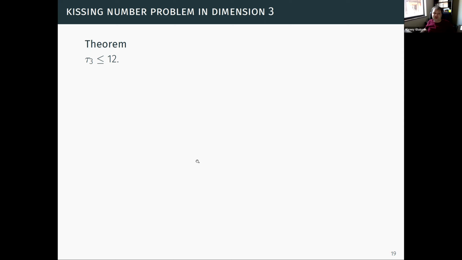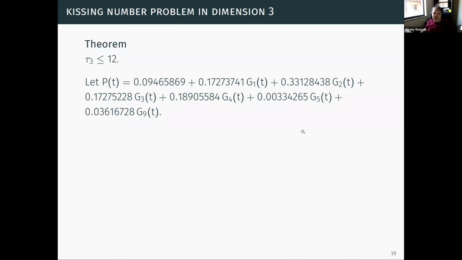So we would like to show that the Kissing number is not greater than 12 in dimension 3. And this is the polynomial that I found. It doesn't look very exciting, I guess. So let me try to explain to you how we can use this polynomial and prove the bound.